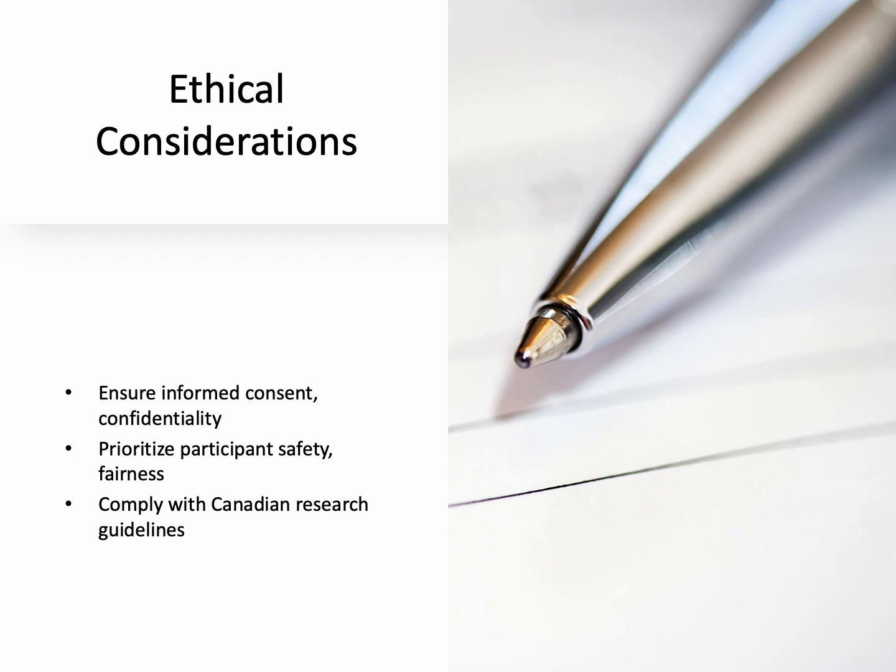Complying with Canadian research guidelines, such as the Tri-Council Policy Statement (TCPS2), ensures ethical conduct, like respecting cultural protocols in Indigenous research. Ethical considerations also include transparent reporting and avoiding conflicts of interest to maintain trust.